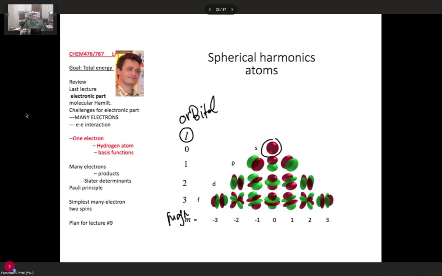In some sense, one still draws these values of magnetic quantum number, because the total number of independent solutions doesn't change if you change the basis. And this figure just overviews our basis functions.